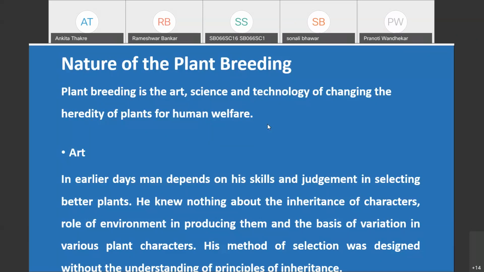Okay, that's why in older days we considered plant breeding an art more than a science.